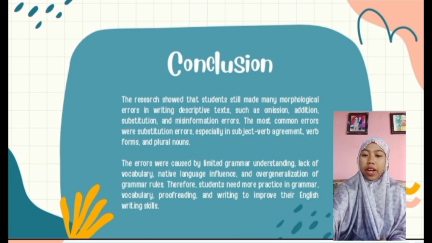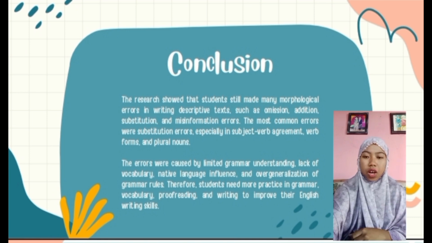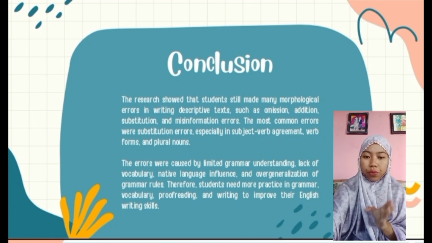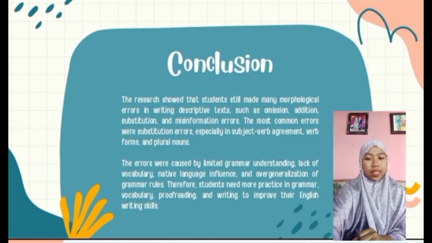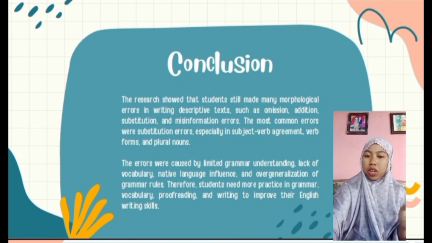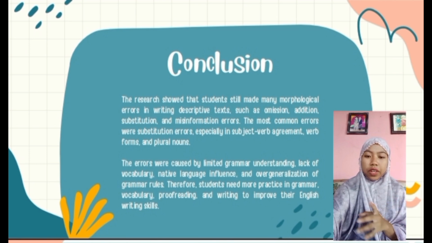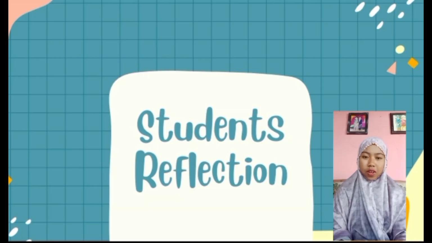The most common errors were substitution errors, especially in subject-verb agreement, verb forms, and plural nouns. Therefore, students need more practice in grammar, vocabulary, proofreading, and writing activities to improve their English writing skill.